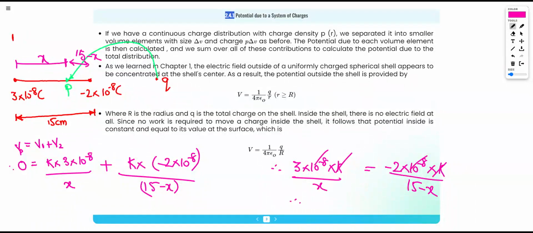After going to the other side of the equal to sign, the minus becomes positive.